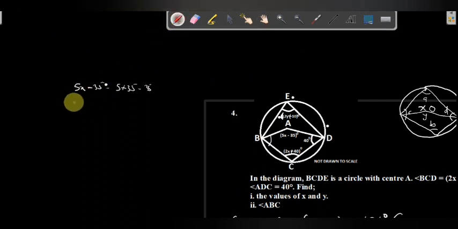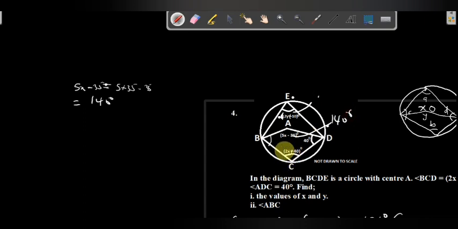That's equal to 140. So this angle here is equal to 140 degrees.